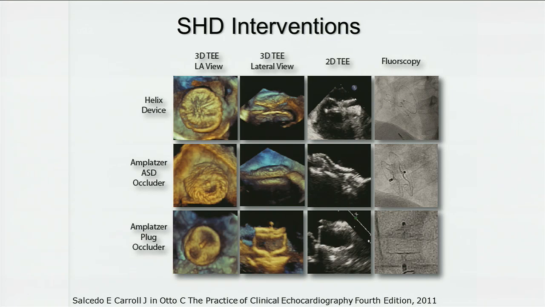The structural heart disease space is characterized by very unique devices going for the first time into regions of the heart that devices have not previously been, and a lot of unpredictable things. Sometimes the device loses and it fractures. Sometimes the anatomy loses, and you have things like device erosion.